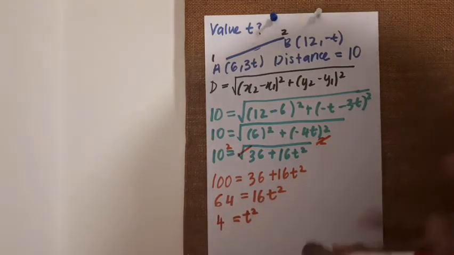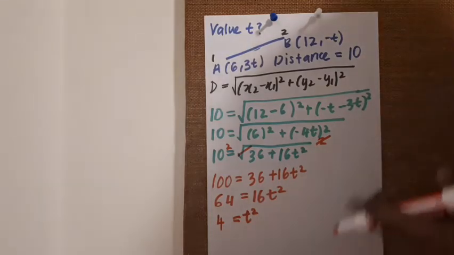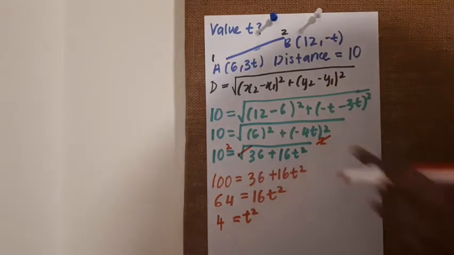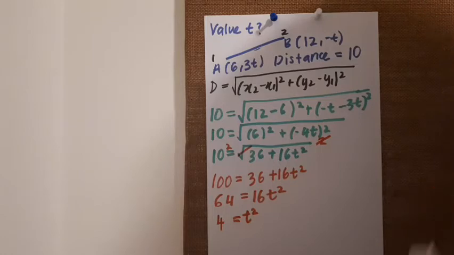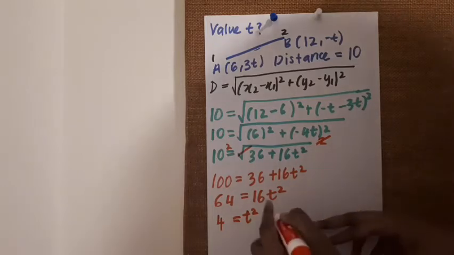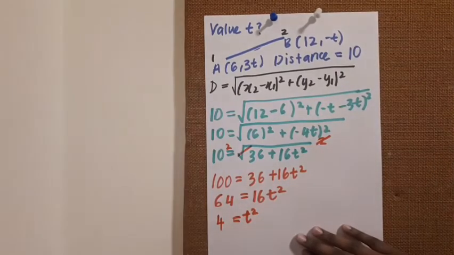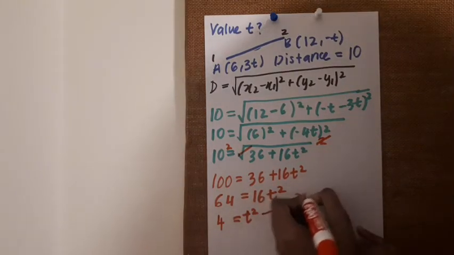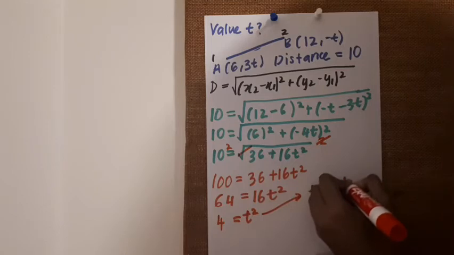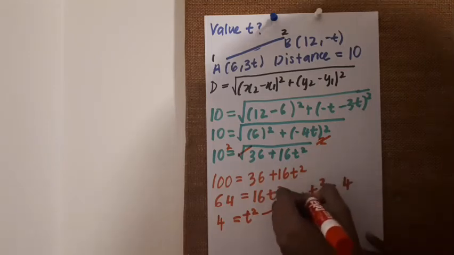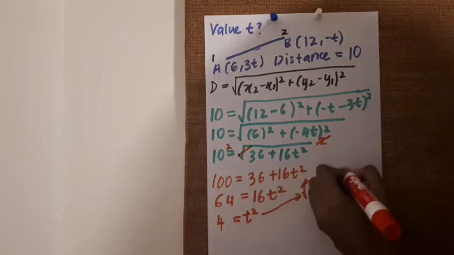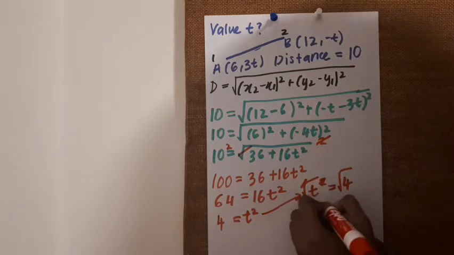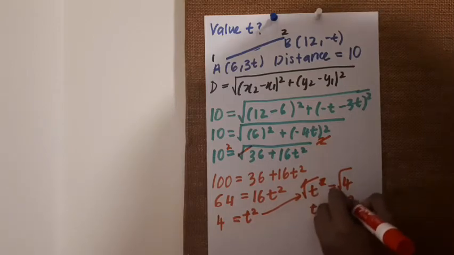Again, if you have a hard time finding the answer, please use your calculator. 64 divided by 16 is 4. Then you can solve for t squared by putting the square root to cancel off the square, and t will be positive or negative 2.